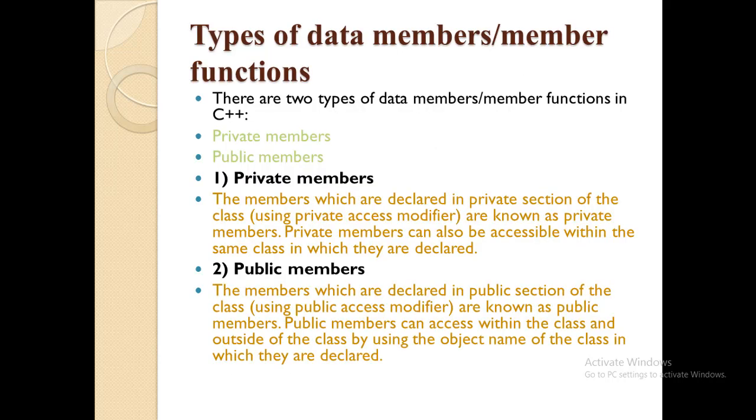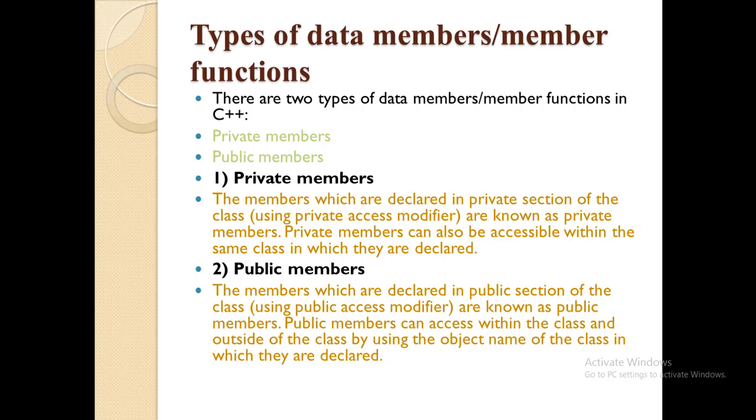So let's see the types of data members. Basically, there are two types of data members and member functions. The one is the private members that are defined under the private access specifier, and the other is the public members that are defined inside the public access specifier. The private members, which are declared in the private section of the class, can be accessed within the same class in which they are declared, but we cannot access them outside the class.